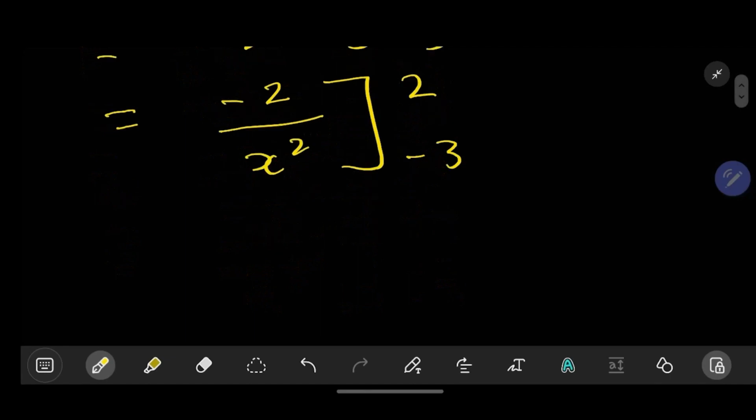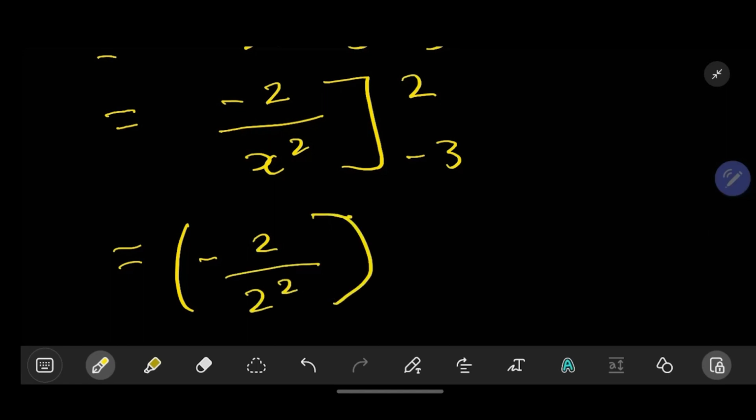So this is now equal to -2 over 2 squared. Remember, we find f of b first, then minus f of a, which will be minus -2 over -3 all squared.